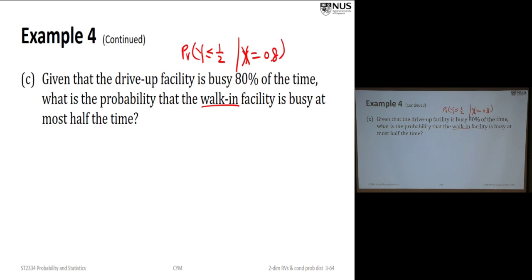In order to find this probability, we need to compute the conditional distribution. Once you get this conditional distribution, then you can compute this probability. And again, let me remind you, in this expression there is only one random variable, which is y.